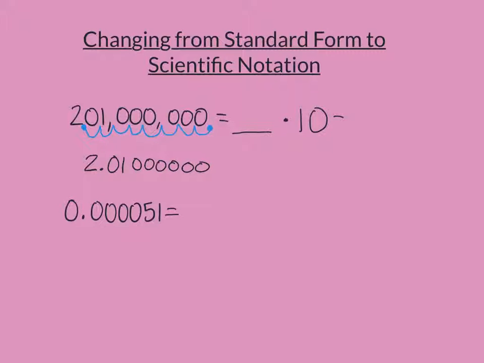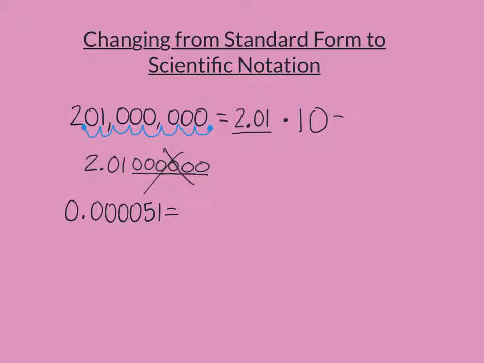Well, in a decimal, when I have zeros at the end, it doesn't change the value, so I don't need these. I can just get rid of them, and this number I'll fill in here will be 2.01. And then my exponent, I'm going to count how many times I needed to move the decimal point. I moved it 1, 2, 3, 4, 5, 6, 7, 8 times.